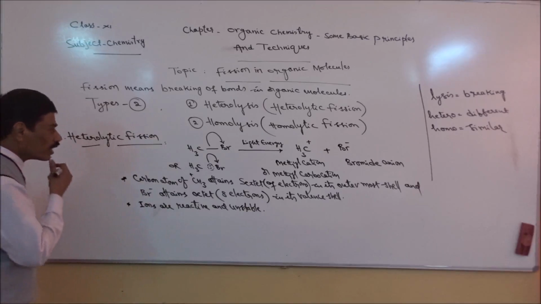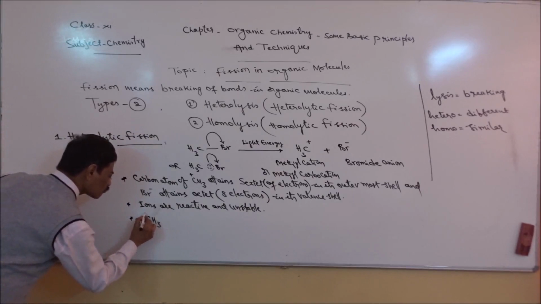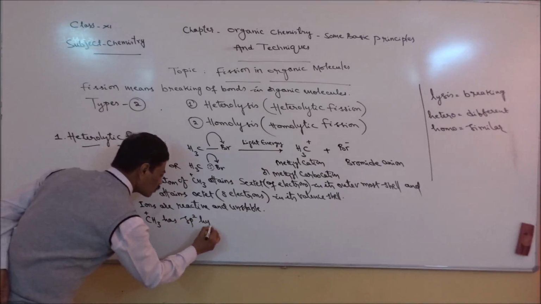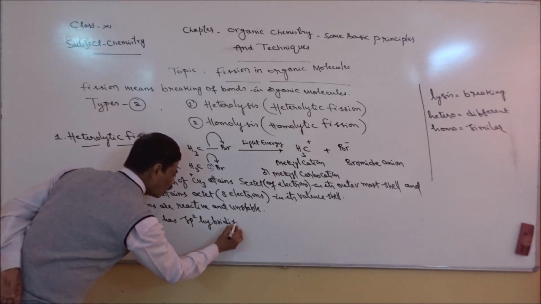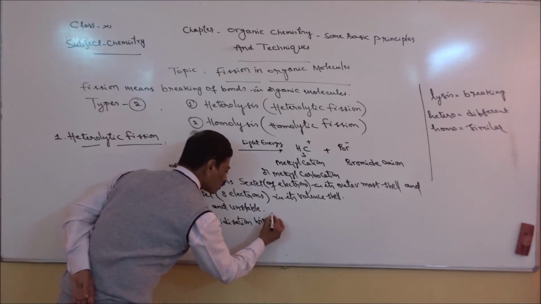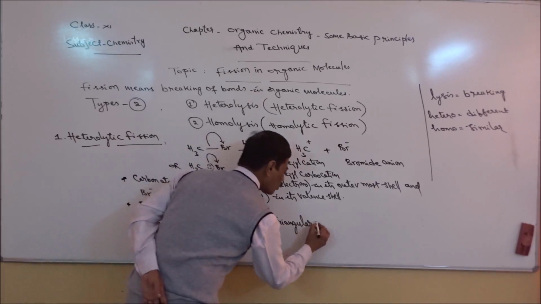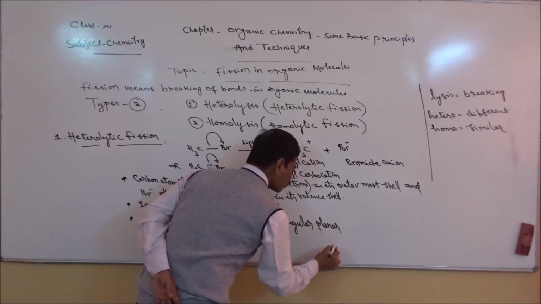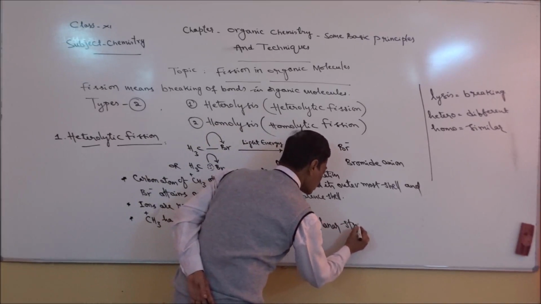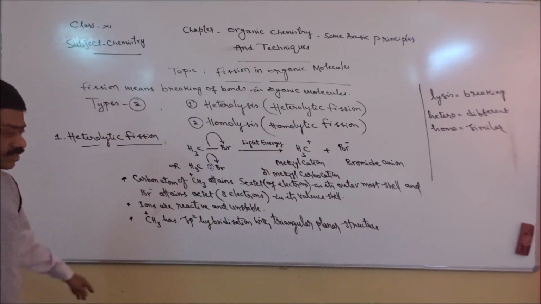Next, if you take the methyl cation, it has sp2 hybridization with triangular planar structure, right?